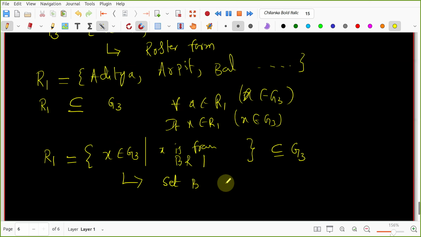Roster form means element, comma, comma, like that. I can list all the elements. Those who say it is possible, tick yes. If not, tick no.